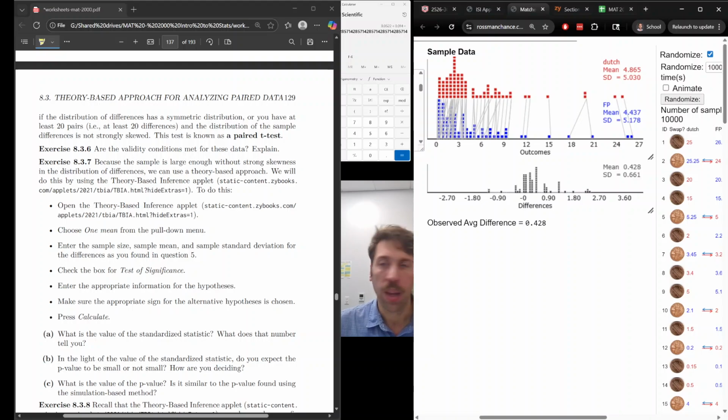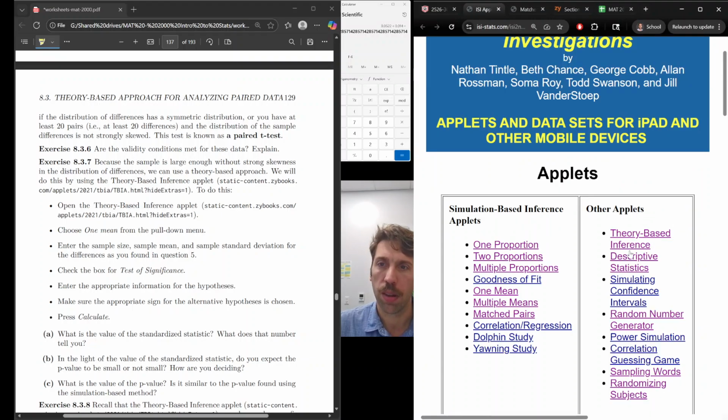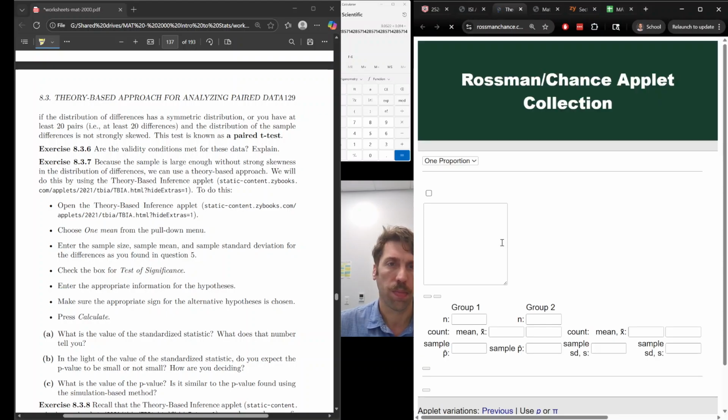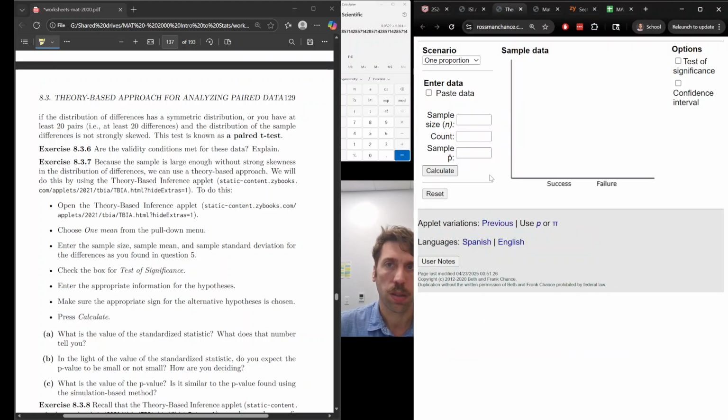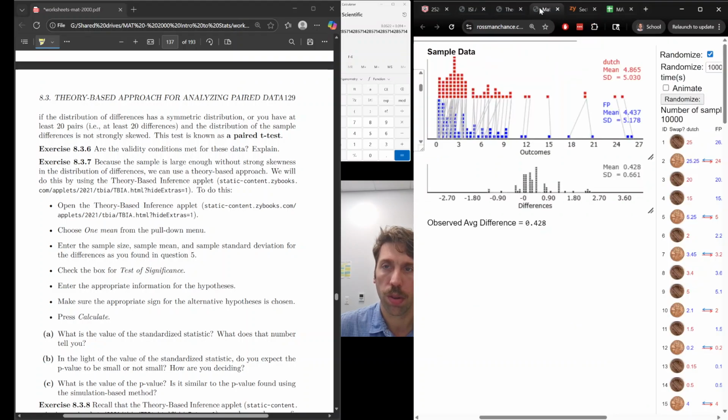Okay, now we're going to go to the theory-based inference applet. So let's go back to our applets, theory-based, and then the scenario will be 1 mean, and then enter the sample size, sample mean, and standard deviation for the differences. So my numbers will be different from yours.